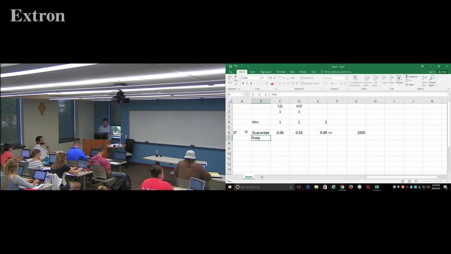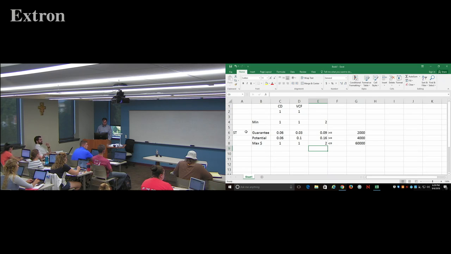My potential coefficients there are 0.06 and 0.10. Copy the formula down. And that has to be greater than or equal to 4,000. And the max investment, max money, I'll abbreviate like that, 1 and 1, has to be less than or equal to 60,000.